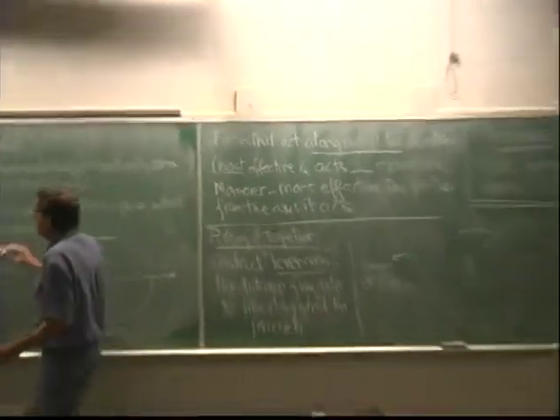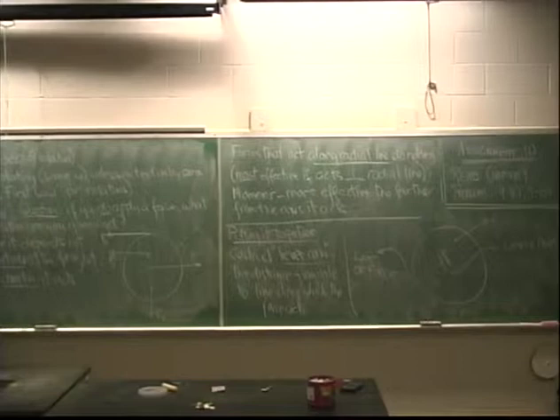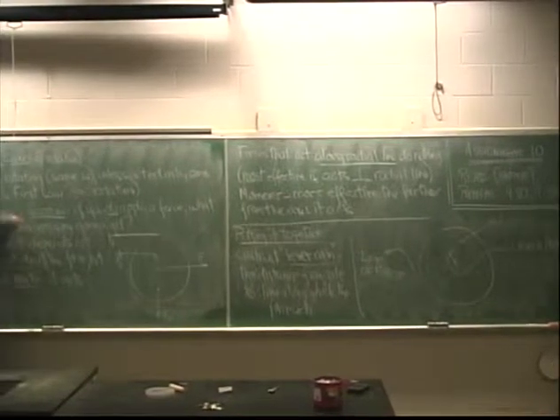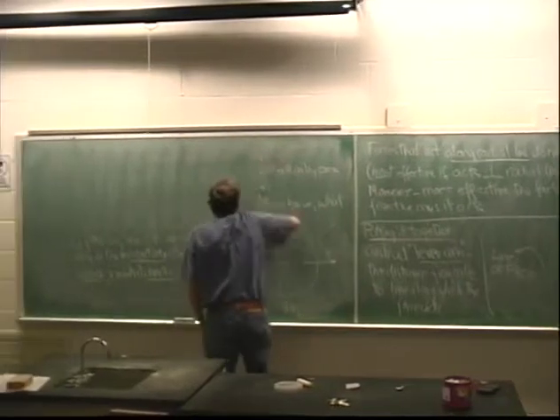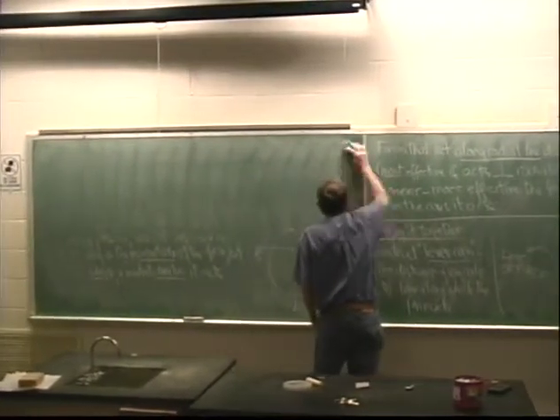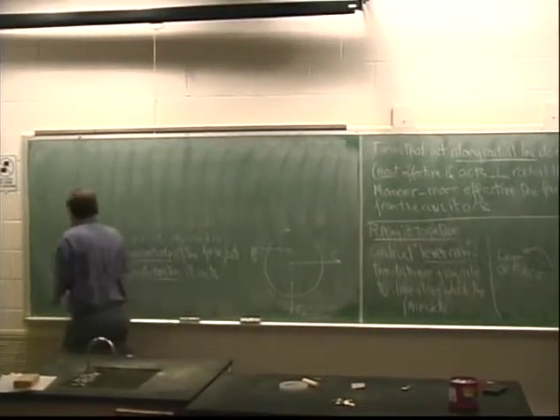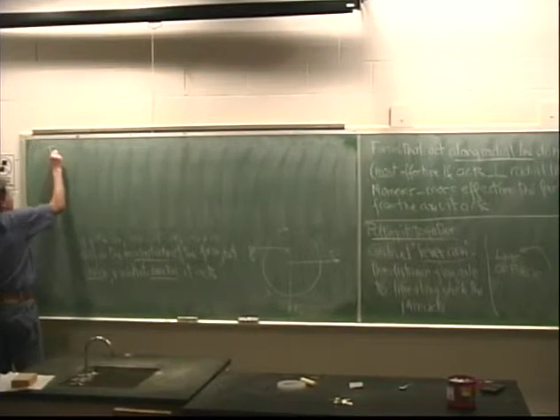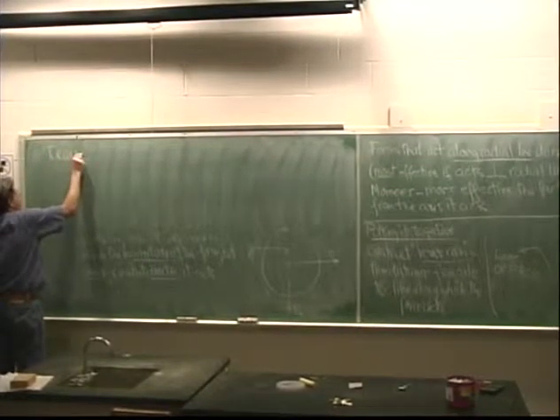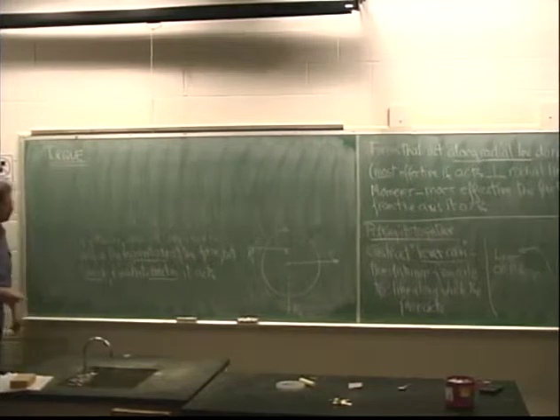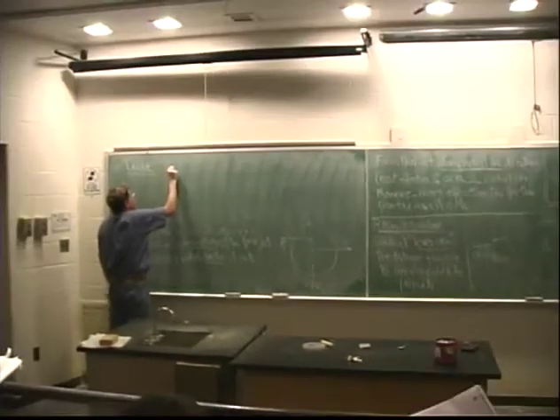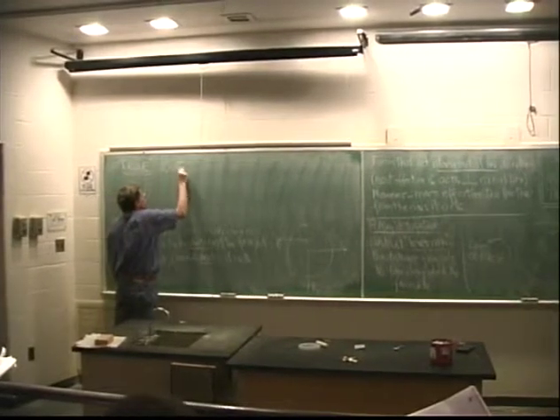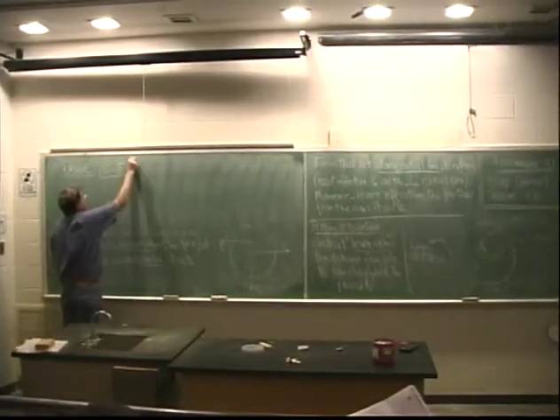The effectiveness of a force in producing rotation is a product of the force itself, the magnitude of the force, times the lever arm. We call that torque. And this book, most books, use the Greek letter tau for that. Tau is equal to the force times the lever arm.